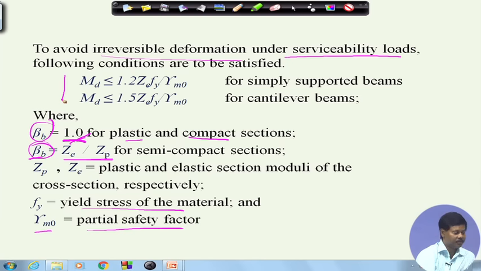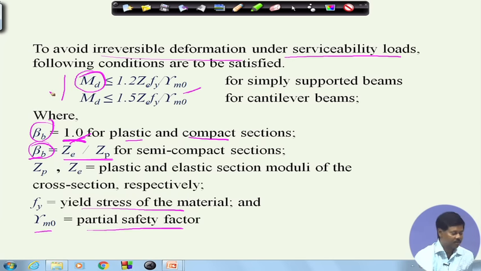For a simply supported beam, Md should be less than 1.2 into Ze Fy by gamma m0. So, the Md value we have calculated earlier should in any case be less than this value. That means, if the Md value calculated earlier is more than this, then we will take this value as Md.